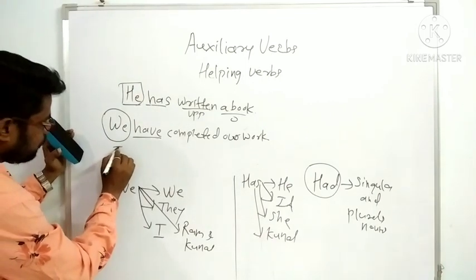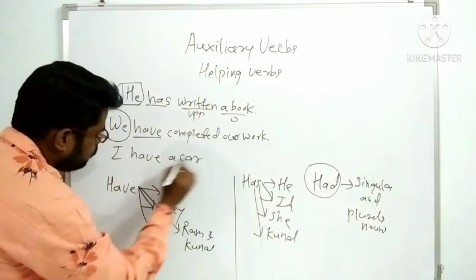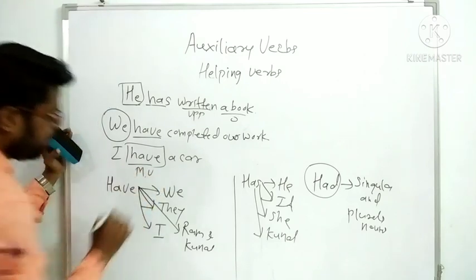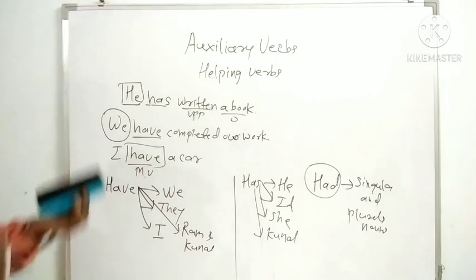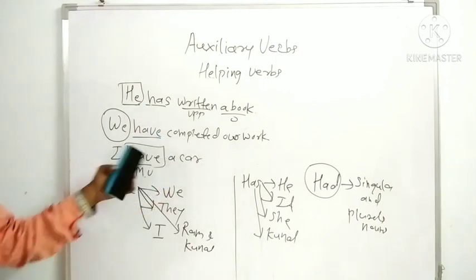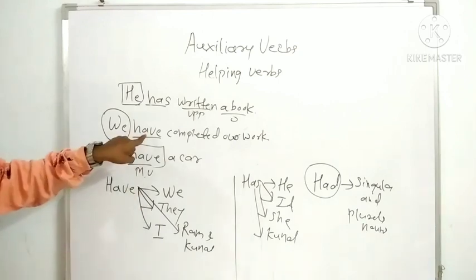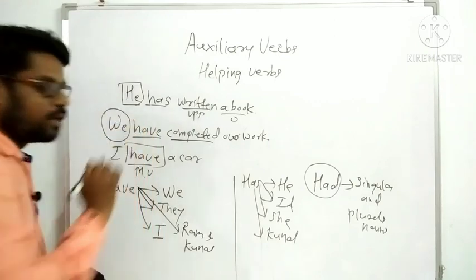Now here, I have a car. So here we use have as a main verb, meaning belonging to. So I have a car. Here we use it as a main verb, and in the earlier example as a helping verb, which helps the main verb completed.